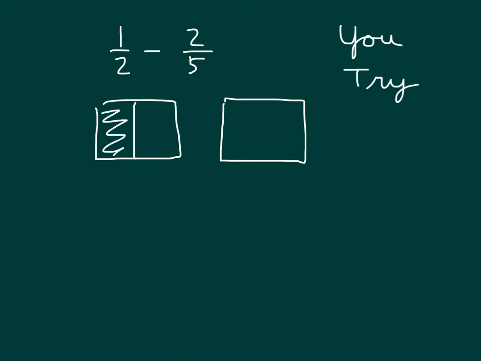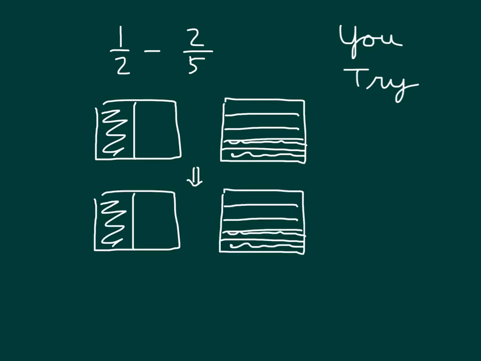For 2/5, we'll draw horizontal lines. Draw 4 lines to divide it into 5 parts, and we are looking at 2 of those parts. So this is 1/2, this is 2/5. And remember, we're subtracting them. We need to get equivalent fractions.